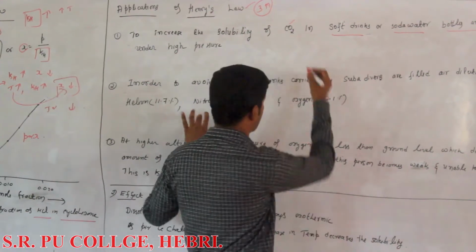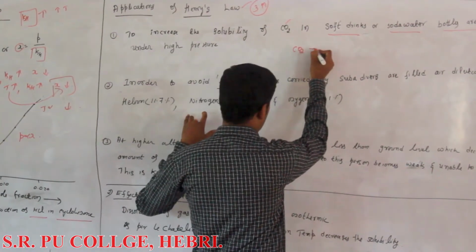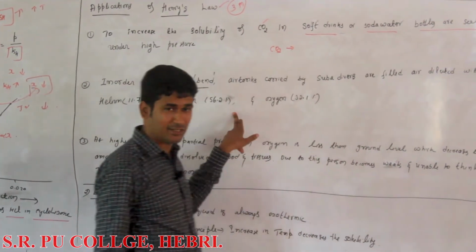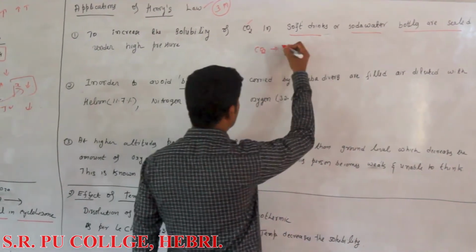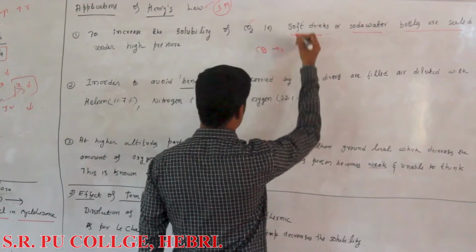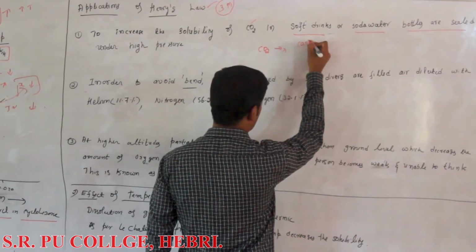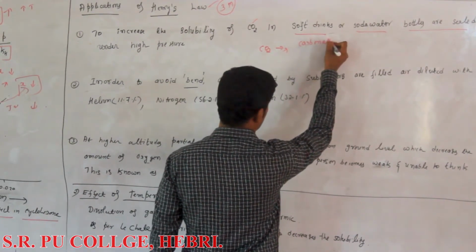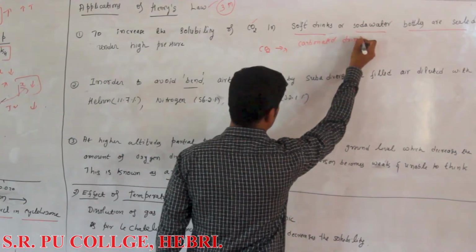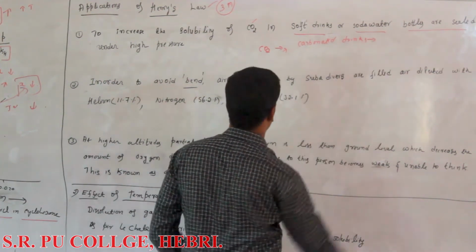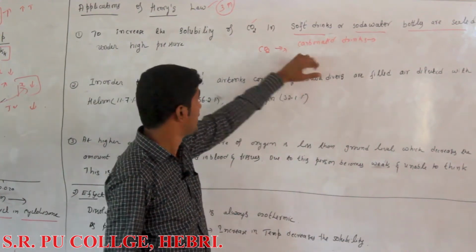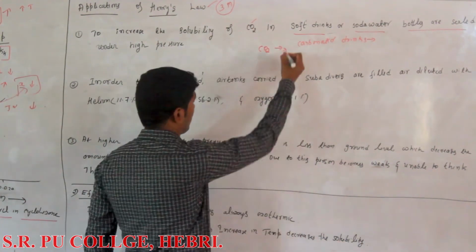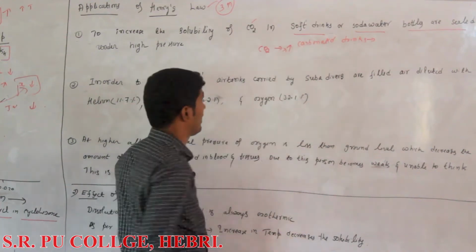The solubility of CO2 is usually less in water. It is insoluble at normal pressure. So in order to increase the solubility of CO2 or to prepare carbonated drinks, we have to dissolve excess CO2 in water. In order to dissolve CO2 in water, we have to apply pressure.